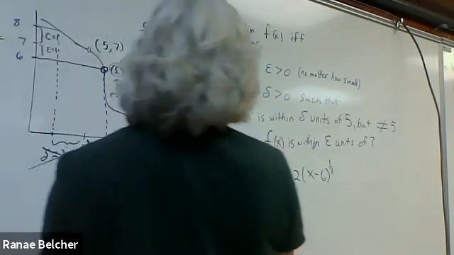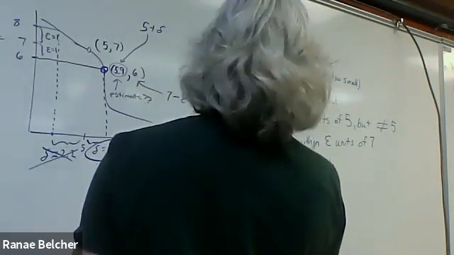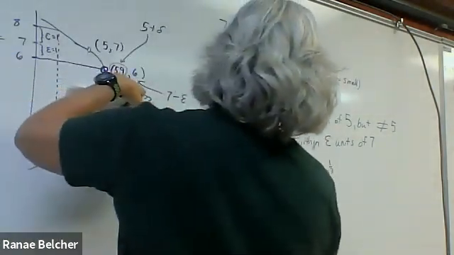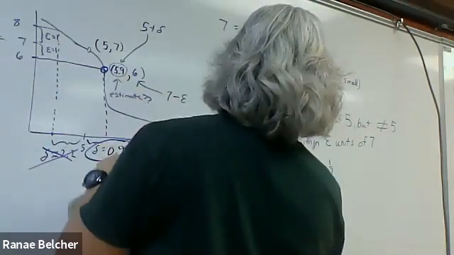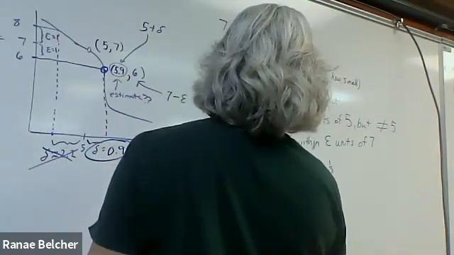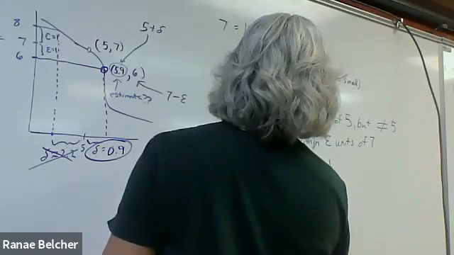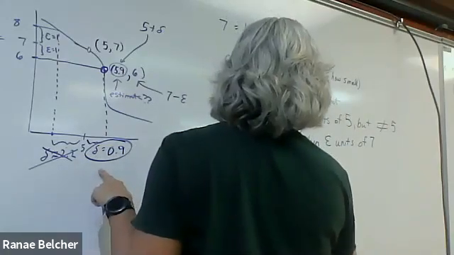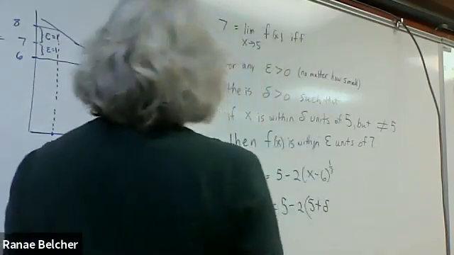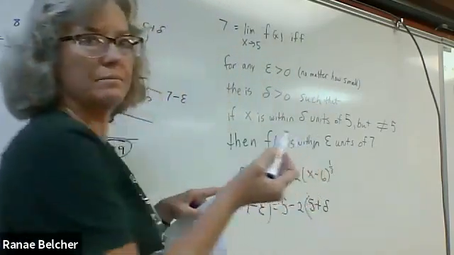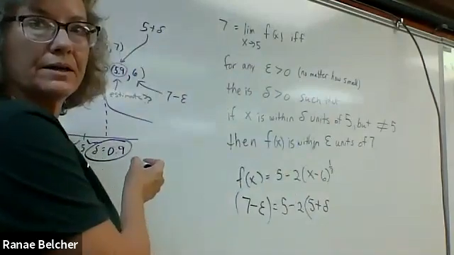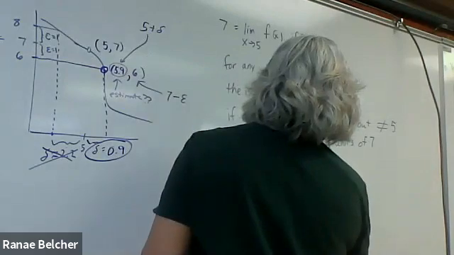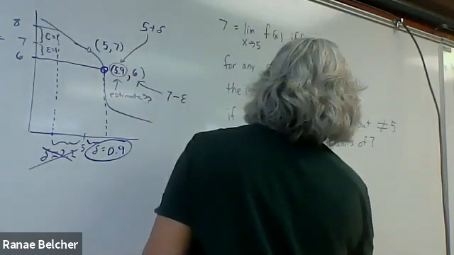So what we're going to do here is, for f of x, instead of saying that means the y value, I'll go ahead and put the 7 minus epsilon equals 5 minus 2, and then 5 plus delta. Okay, we think it's 0.9, but we're going to find out for sure what it is. We're going to solve for delta.